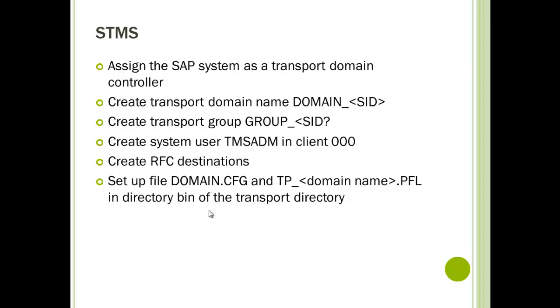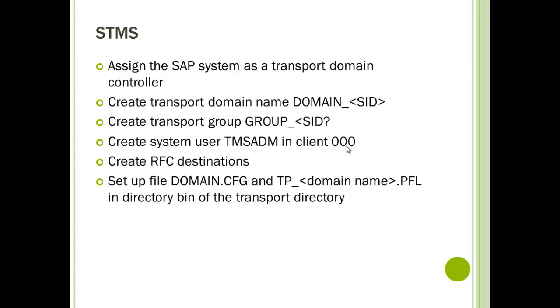If it is not a fresh system, it will not ask you to initialize. And there are many activities which will be automatically carried out when you are running STMS in client 000.